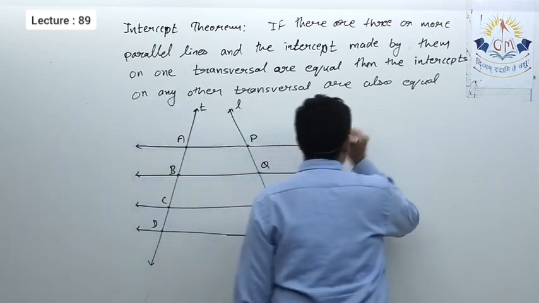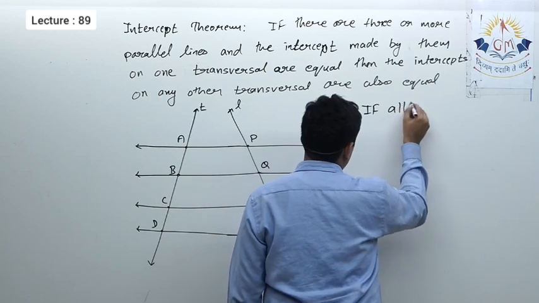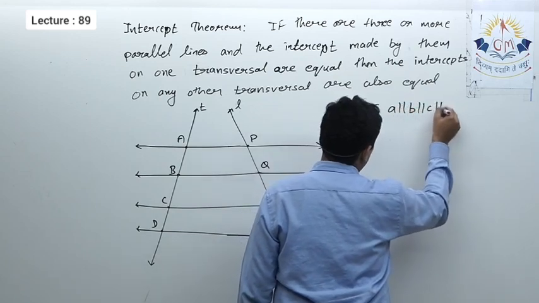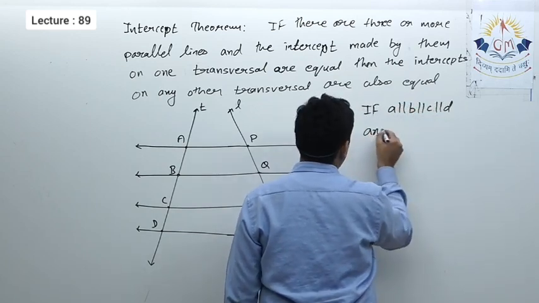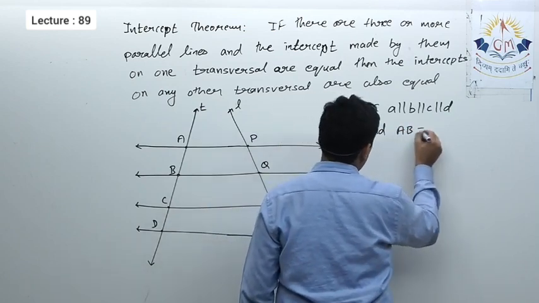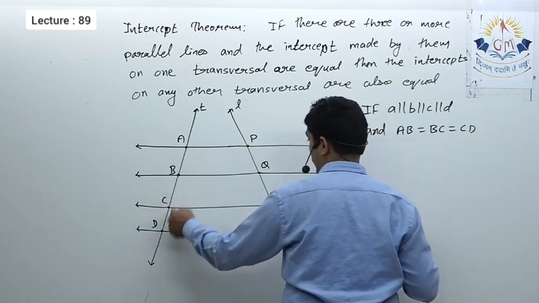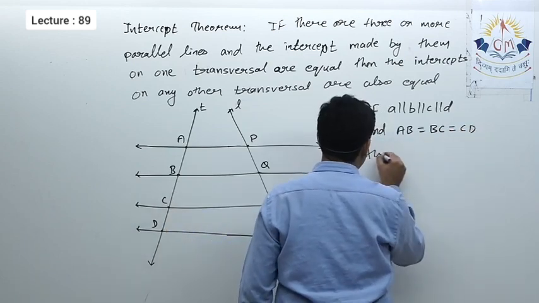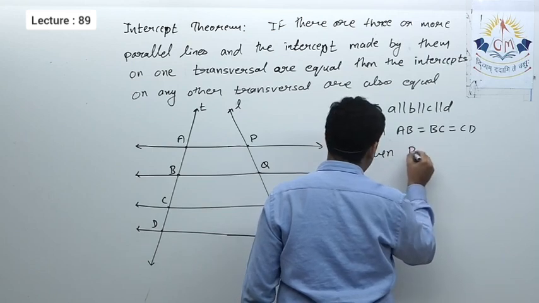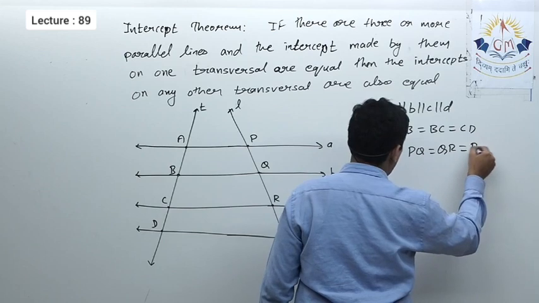So if A parallel B parallel C parallel D and AB equal to BC equal to CD, then PQ will be equal to QR equal to RS.